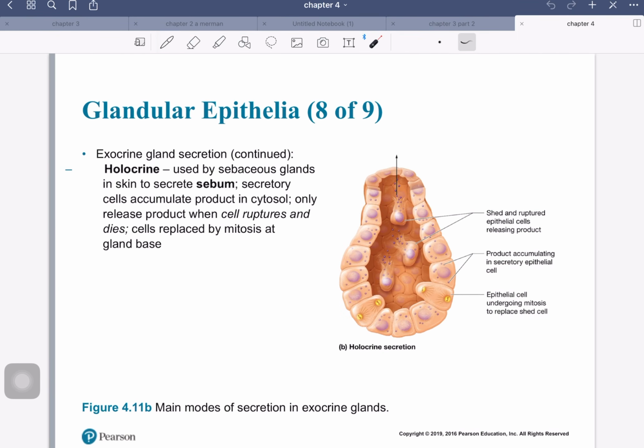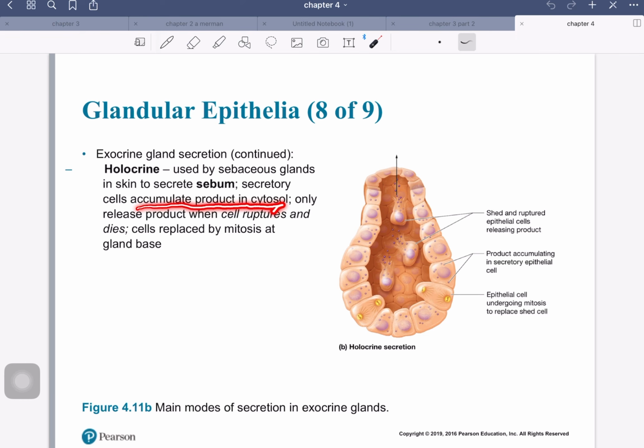Now here's a different one. These are, once again, exocrine glands. These are holocrine. Sebaceous glands use this method to secrete something called sebum. What happens here is the secretory cells just keep making product and storing it in their cytosol. And how does the material they made get out of the cell to be used?